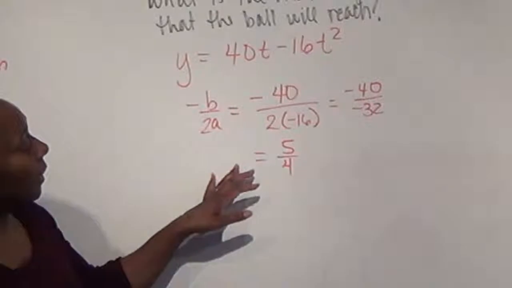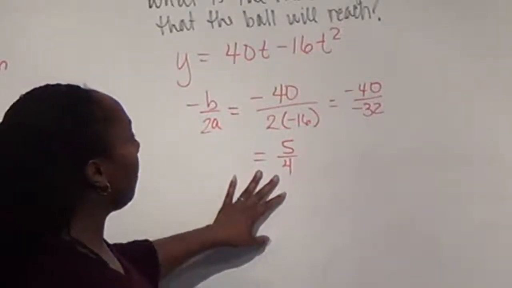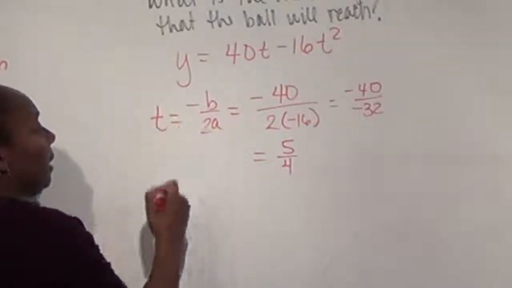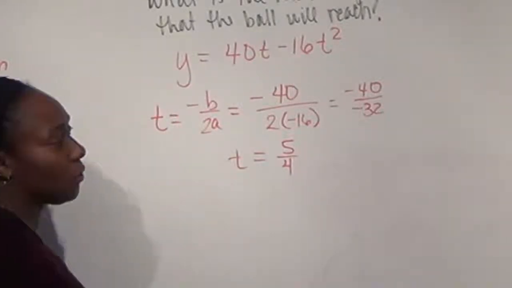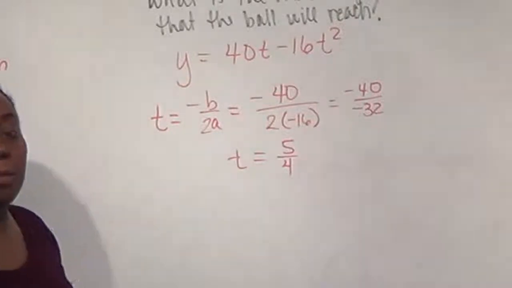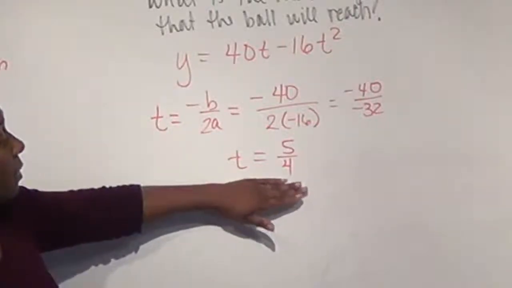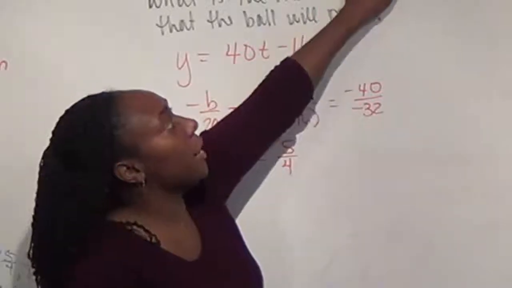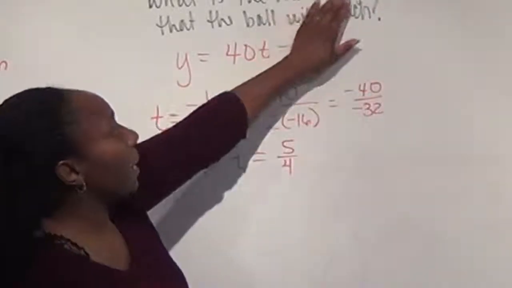Now, if we think about this, this is our domain variable. This is t. So when t is 5/4, that's the x-coordinate, or the t-coordinate, of my vertex. And so when t is 5/4, that just tells me when it's going to reach there. So this is in seconds. I still need the height.